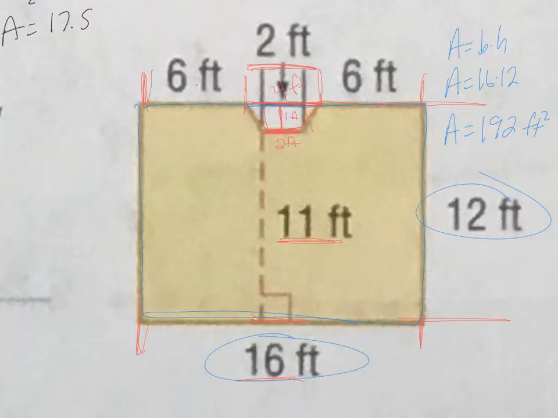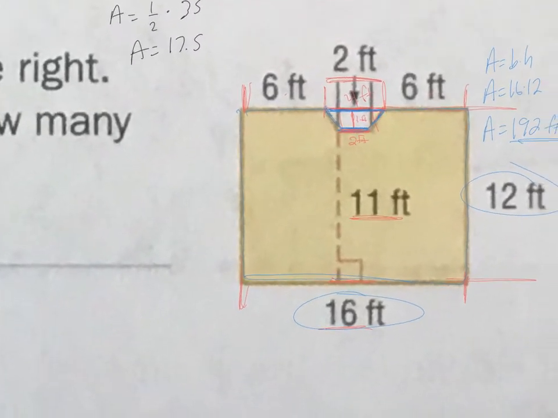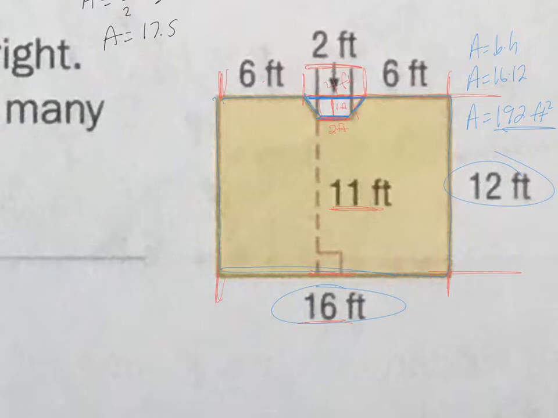So now we just need to figure out what this little trapezoid is, and we'll take that away from this 192. Okay, so trapezoid. Let's do that.